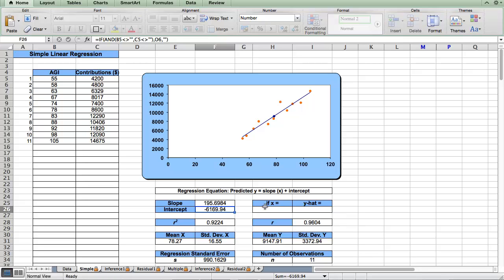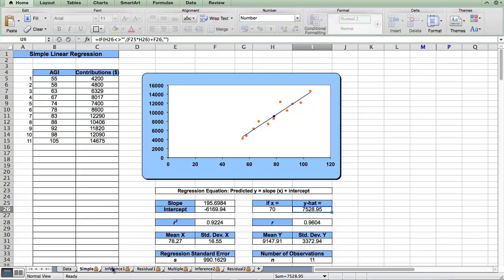For example, if AGI is 70, the regression equation forecasts or estimates a charitable contribution level of 7,528.95. Now, the IRS could use this in a number of ways.